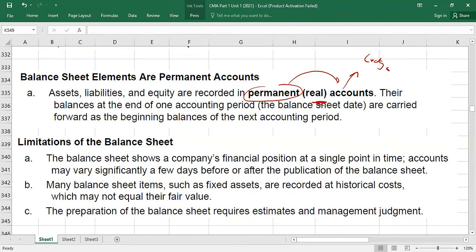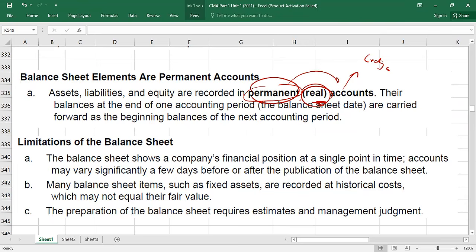Got my point? So it means the ledgers relevant to the balance sheet are called what? Permanent ledgers, because they will last for many years. And a permanent ledger is also called what? Real ledgers. Every year we will close it, and next year we will open it with an opening balance. We are shifting the carried forward balance and brought forward balance, or closing balance and opening balance.